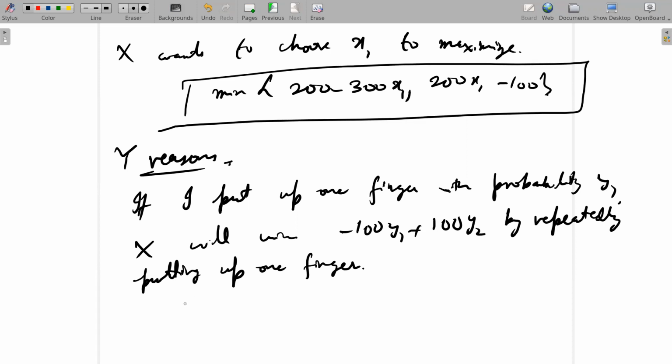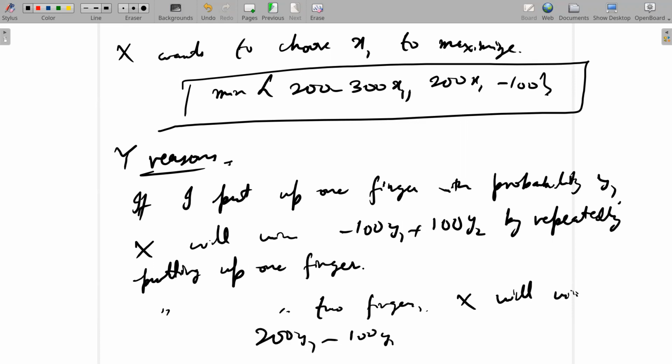And similarly, if I put up two fingers, x will win 200 y1 minus 100 y2 by repeatedly putting up two fingers.